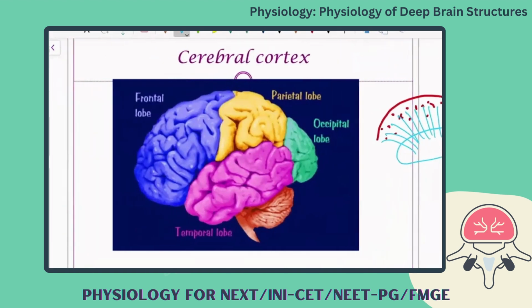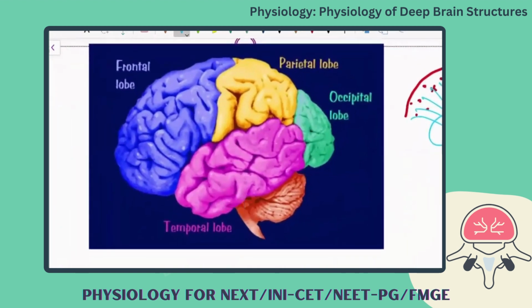Okay, so in the cerebral cortex the basic structure is you have the frontal lobe anteriorly, and the occipital lobe in the posterior most. Laterally you have the temporal lobe, and in the vertex region you have the parietal lobe. Everything is on either side.